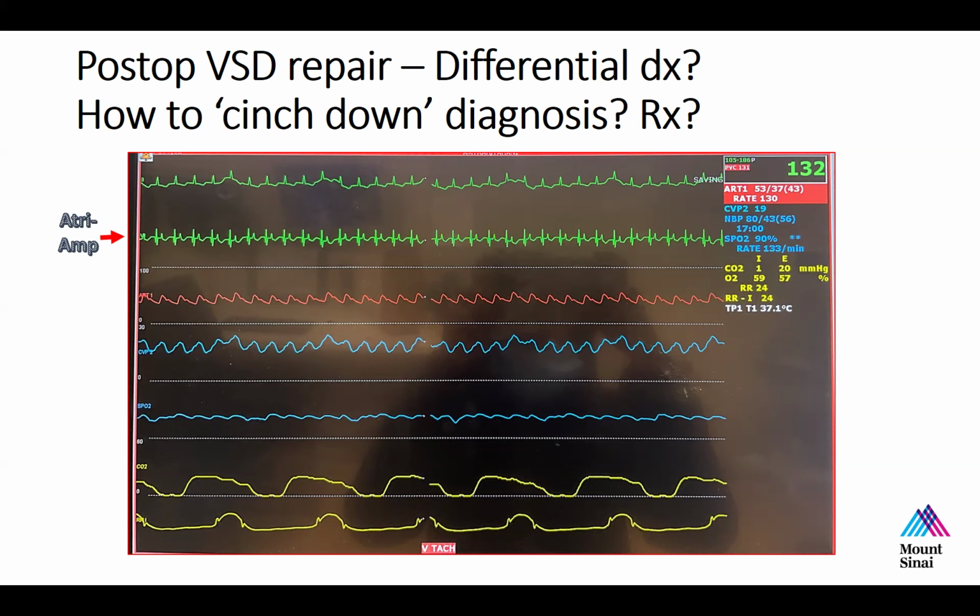IV lidocaine as well. You could use lidocaine, which has the benefit of not having as much hemodynamic impact. Procainamide usually causes vasodilation, so you have to be ready to give volume if you're using that. Amiodarone can cause cardiovascular collapse and hypotension and is a very potent negative inotrope, so you have to be ready to support someone like that and also be ready to turn it off if you see something untoward.